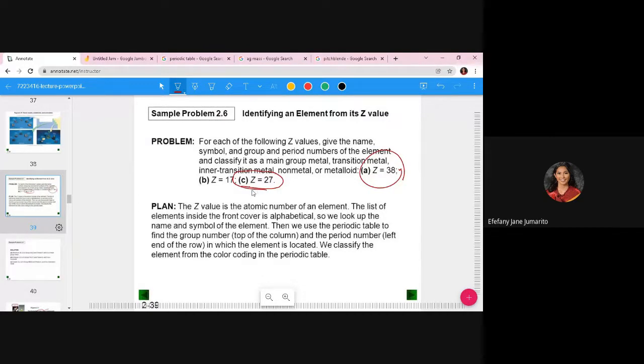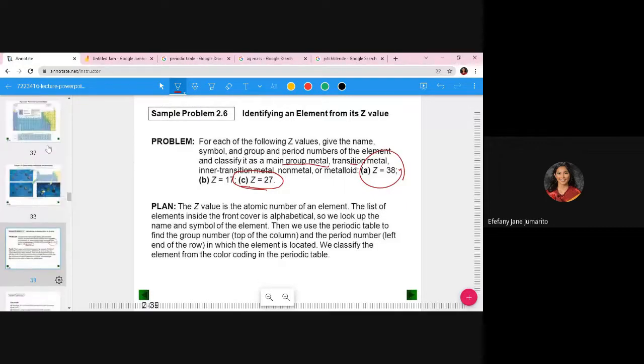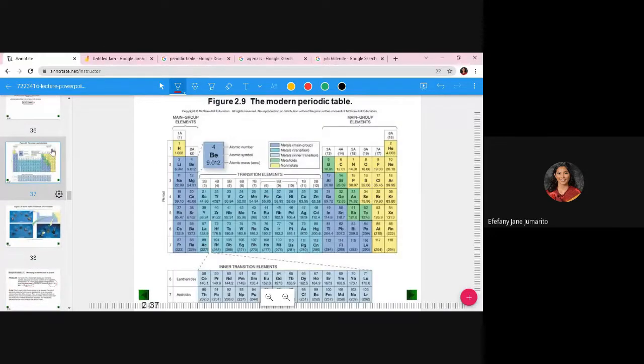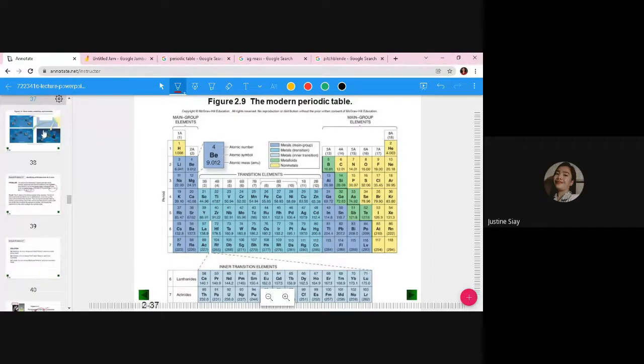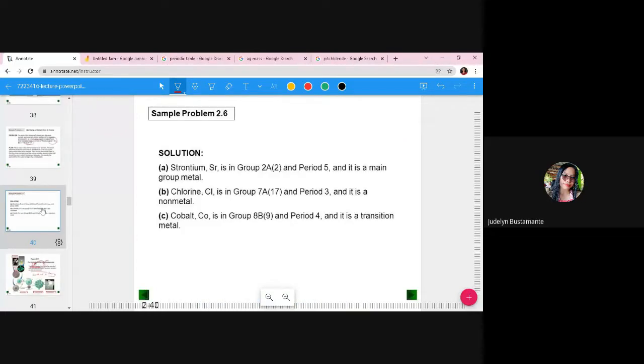Give the name, the group, the period, and classify it as a main group metal, transition, inner, or non-metal. Z equals 27. Cobalt.